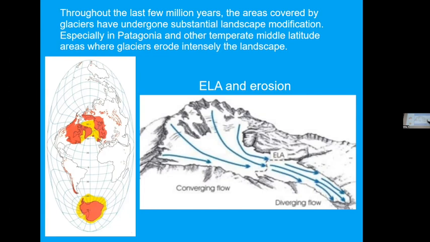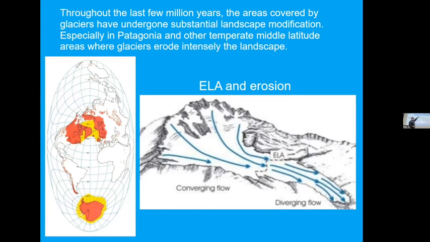Now, for a lot of glaciers, what's happening with global warming is this ELA is rising. And so for some summers, for some glaciers, like in the European Alps, this ELA is no longer somewhere along the glacier, it's near the top. So that means most of the glacier is melting. In other areas, for a few years, the ELA could be closer to the bottom. If the ELA moves down because the climate gets cold, the whole glacier's accumulation zone is going to keep growing, like during the Little Ice Age.